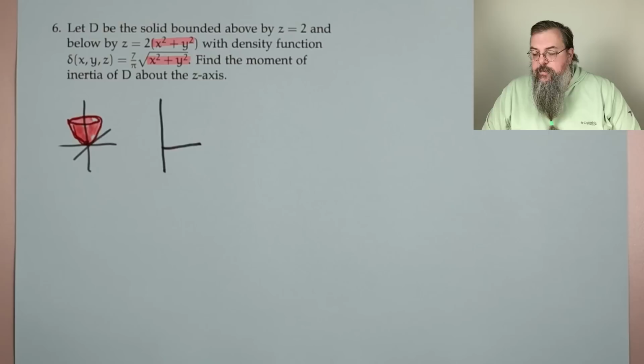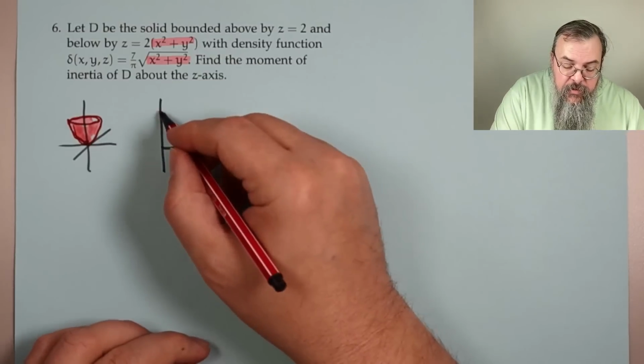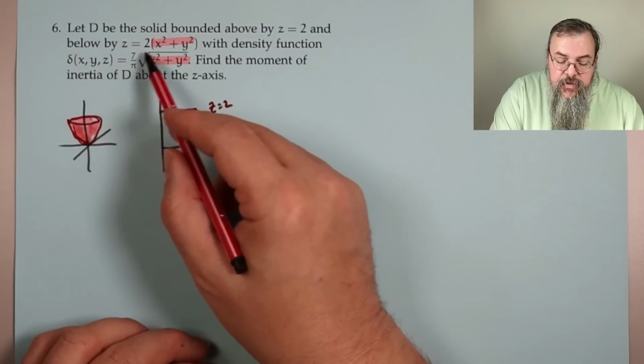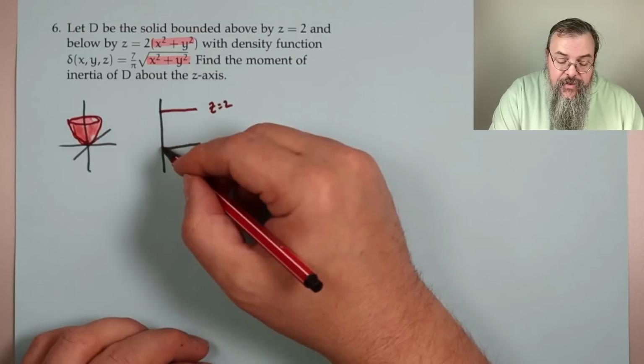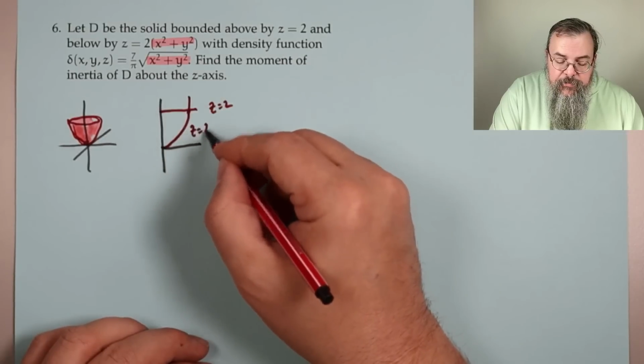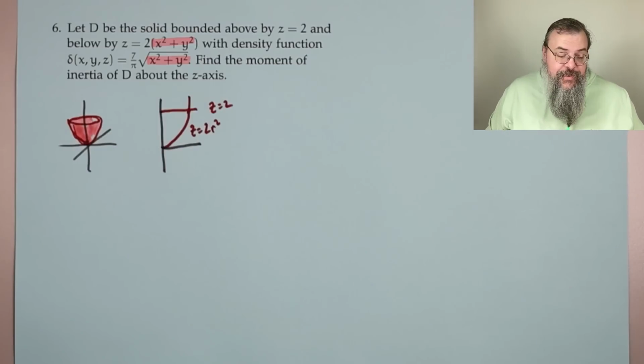So we have our z equals 2, that's our top. And then our bottom is z equals 2 r squared. So it's this parabola here, z equals 2 r squared. That's our shape here in the RZ plane.